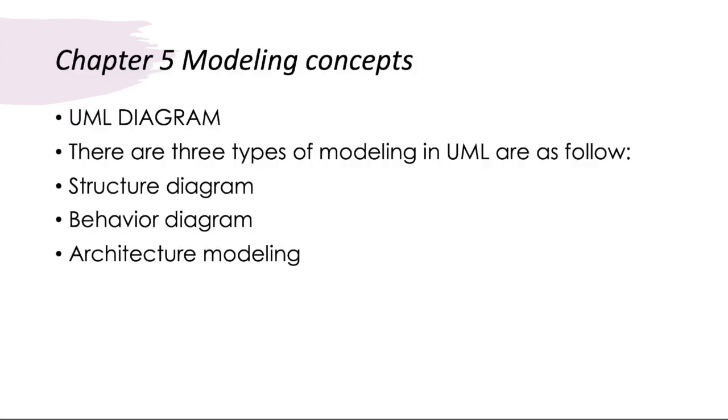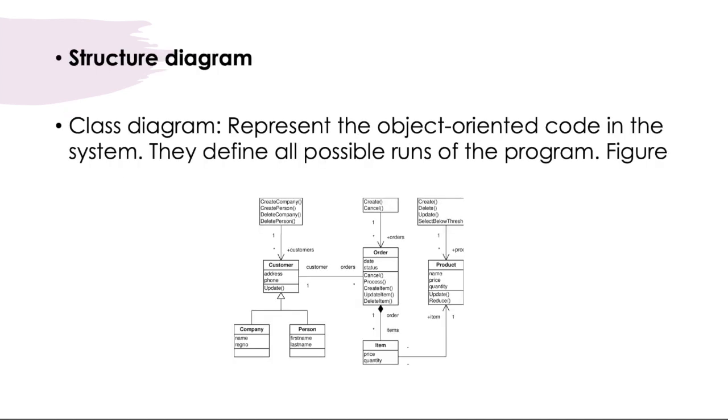Chapter 5: Modeling Concepts. We focus on UML diagrams, the unified modeling concepts. There are three types of modeling in UML: structure diagram, behavior diagram, and architectural modeling. Structure diagram is the most important and widely used part of UML.